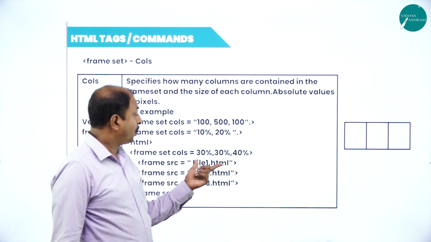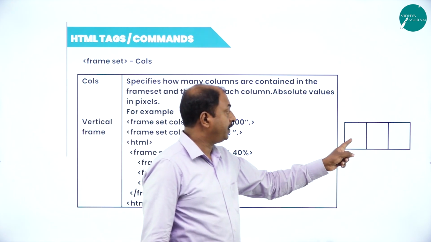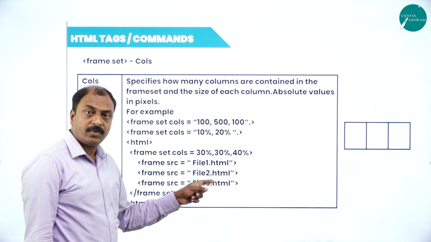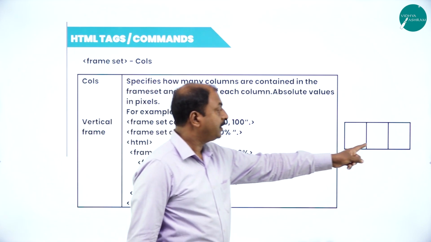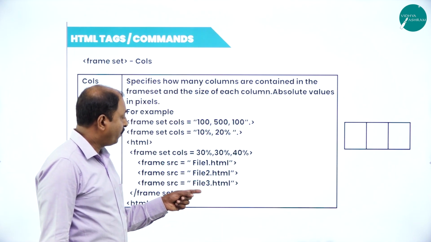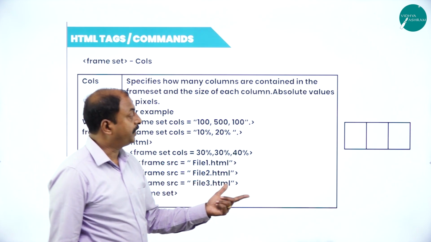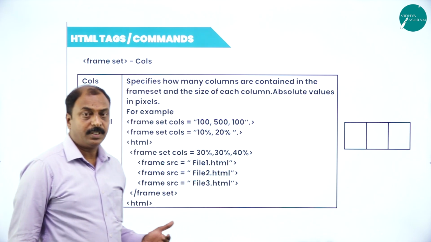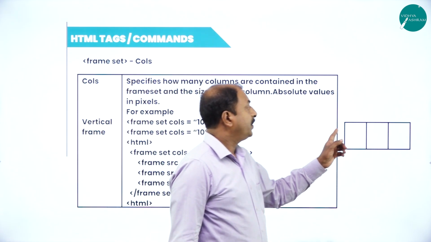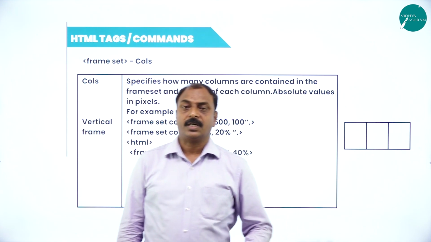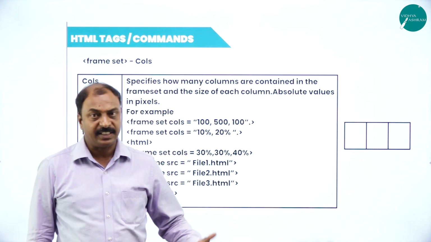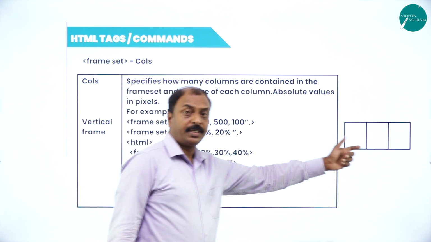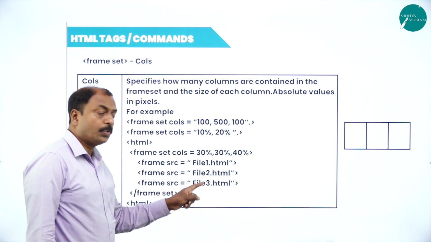So the output of this file will be displayed in the first frame, and the output of the second file, file2.html, will be displayed here, and similarly for file3.html, the output of this file will be displayed in the third frame or third column. So in this example, we have divided the content of a web page into three sections, that is called three frames, and each frame is loaded with an individual program.